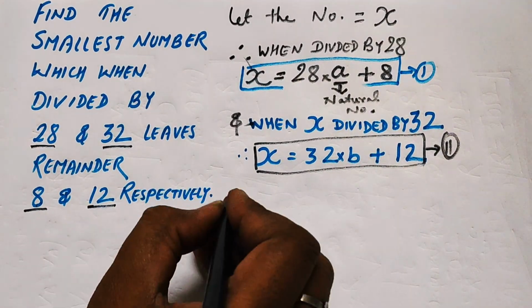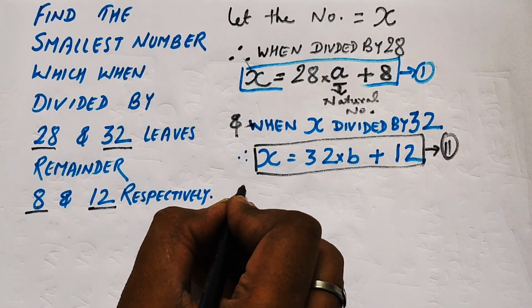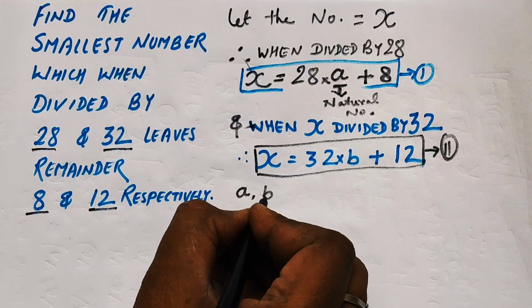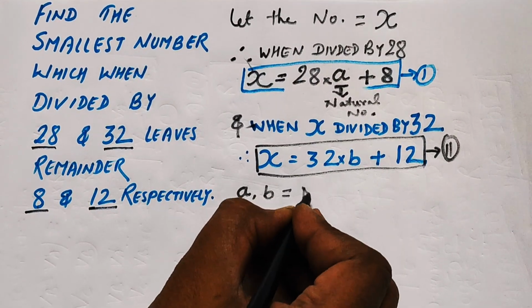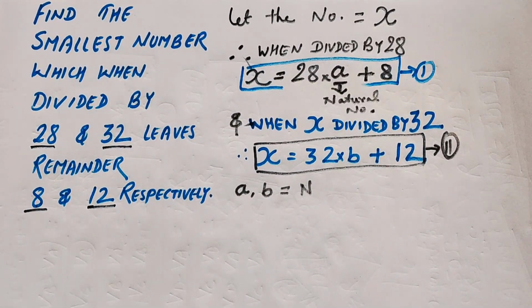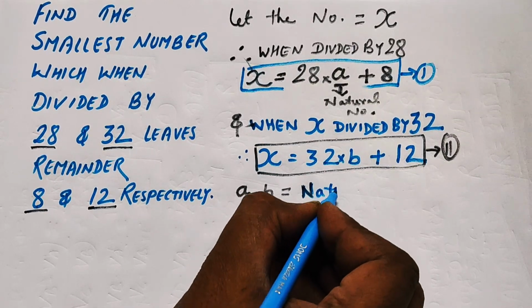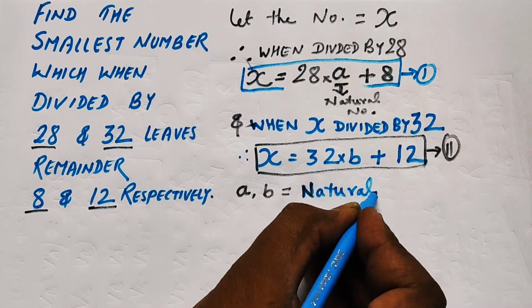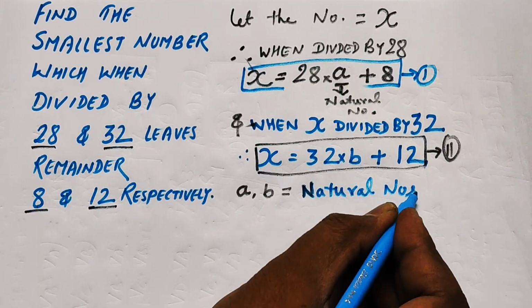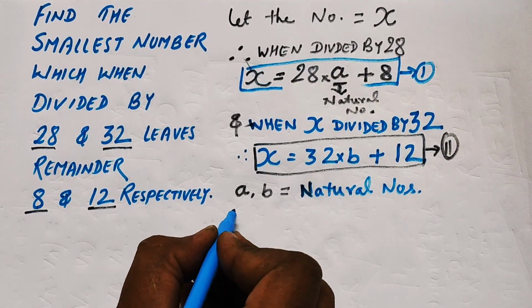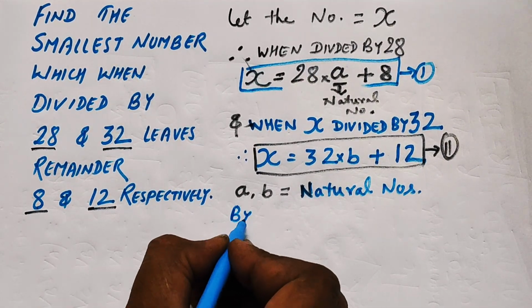Now when we compare equation number 1 and equation number 2, we can equate them. So here a and b are the natural numbers, that means 28 a times, 32 b times. So a and b are the natural numbers, don't get confused, right?